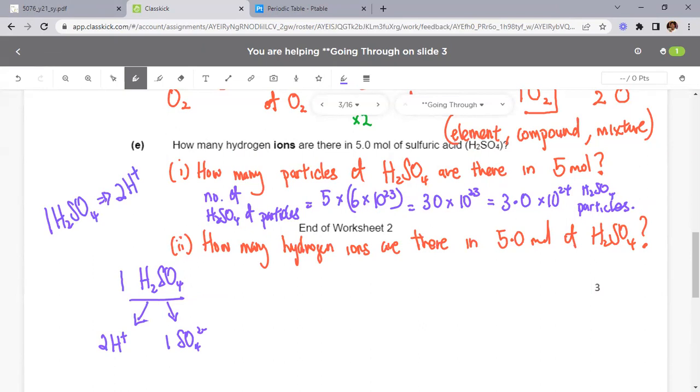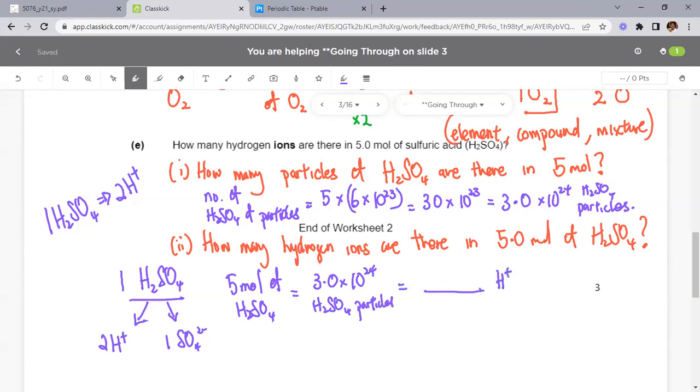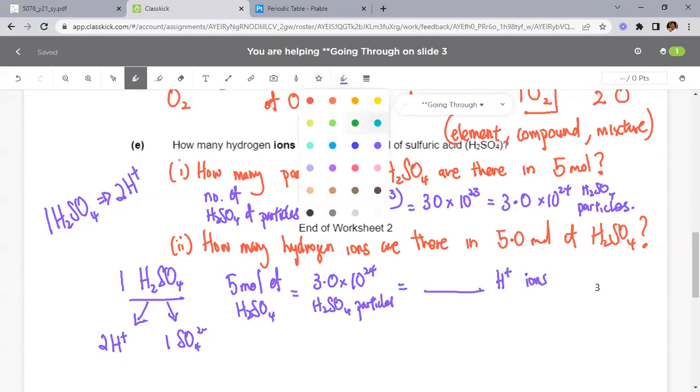Ions are actually particles, so we are looking at the particle now. I know that 5 mole of H2SO4 means I'm going to have 3.0 times 10 to the power 24 H2SO4 particles. Then this is equivalent to how many H plus ions?